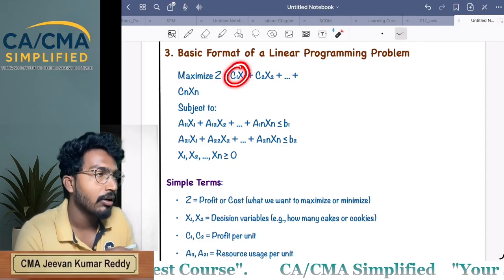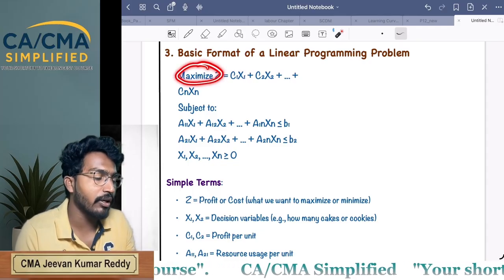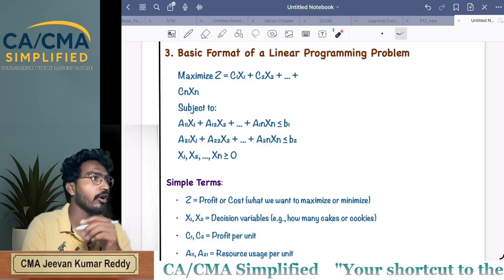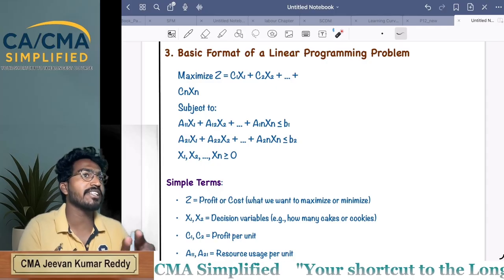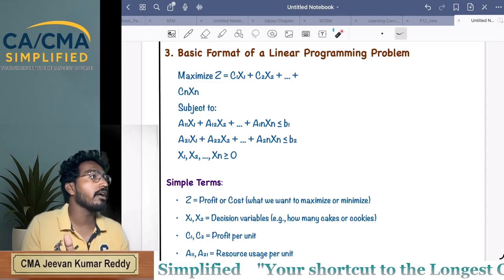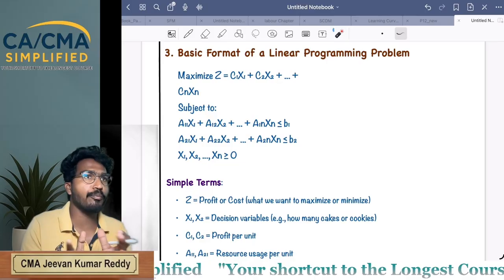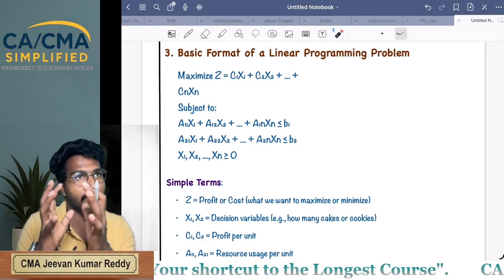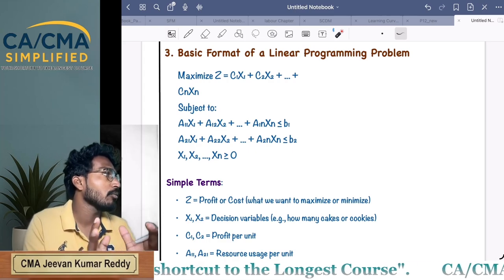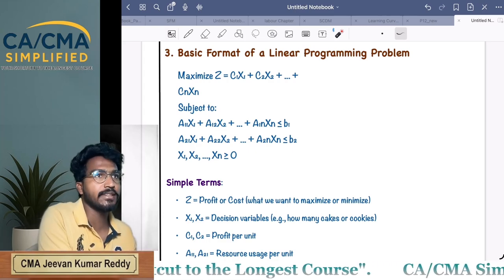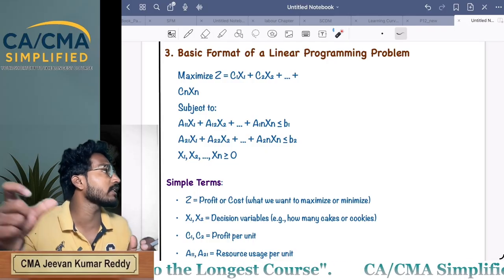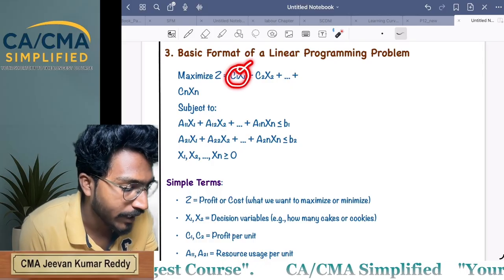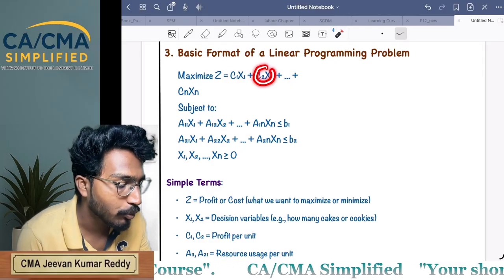Now for example, it is profit. How to maximize profit? What profit? Are you maximizing single product profit, or are you maximizing entire company profit? Here you are maximizing entire company profit. How to get the entire company profit? Profit of product A plus profit of product B plus profit of product C. You will add all these profits and you will get the profit of the company.